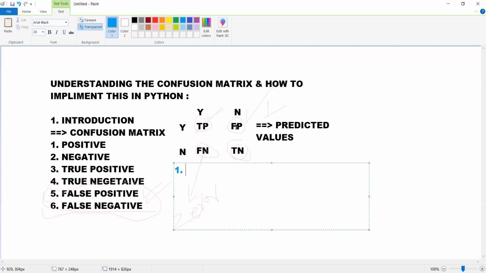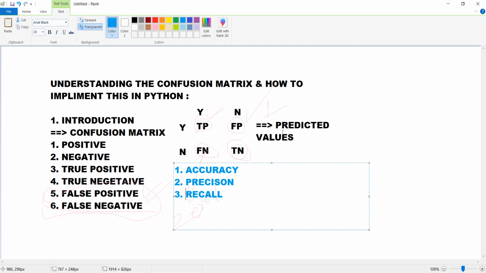What is required now is the accuracy, and second is the precision. These two topics are required now. Third one is the recall. This one is also important. And now specificity and F1 score, these topics are also important.